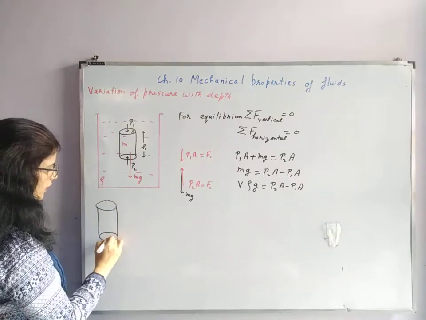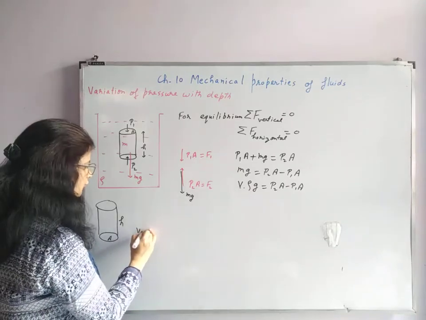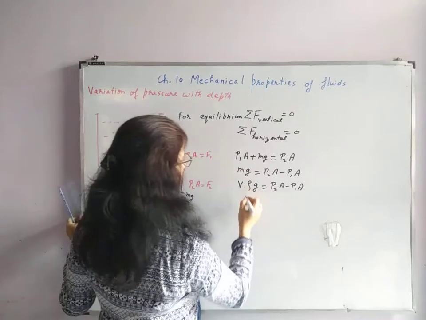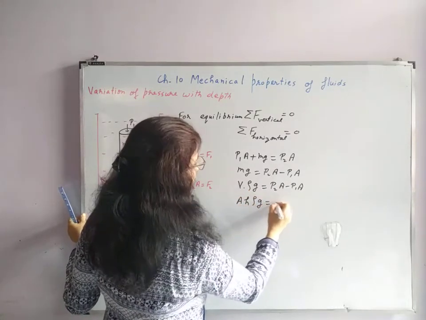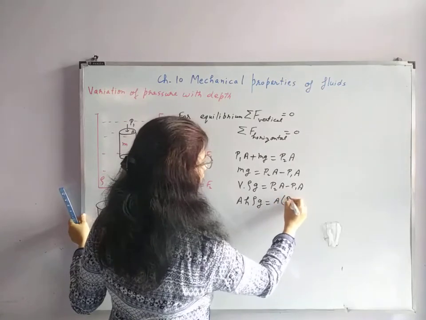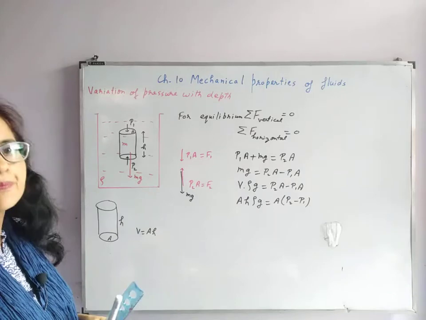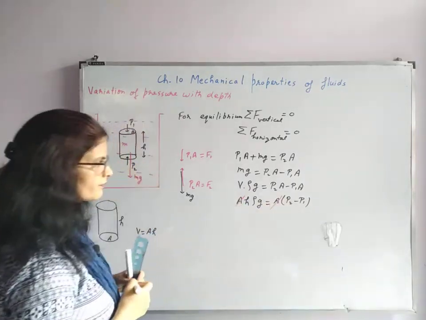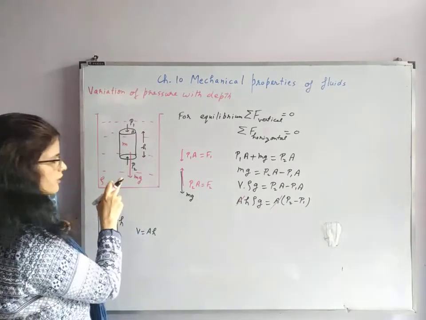A is the area of cross section, H is the height. What will be the volume? Volume will be A into H, area of base into height. So this can be written as A H rho g. Here I can take A common, I can write P2 minus P1, right? From here A can be cancelled. So therefore P2 minus P1 is equal to H rho g.